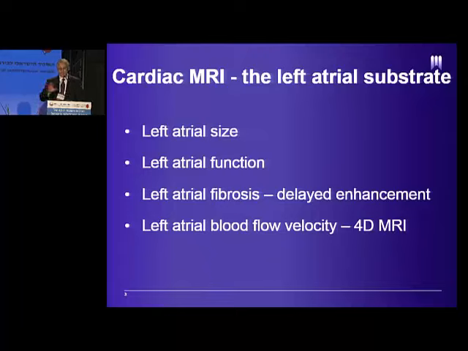Of course, you can get all sorts of other information about ventricular function and hypertrophy, but I'm really focusing here on the atrium. I will touch briefly on left atrial size and function, then show you some data on left atrial fibrosis, but mostly I'll focus on a novel technique of 4D flow MRI to evaluate left atrial blood flow velocity and the impact this might have on risk stratification for stroke.